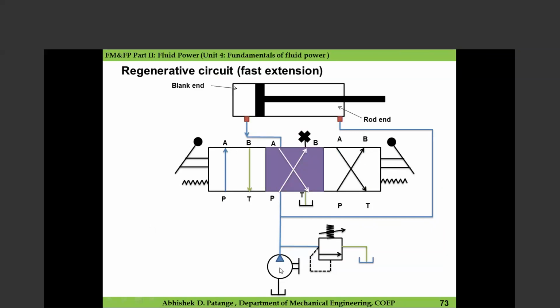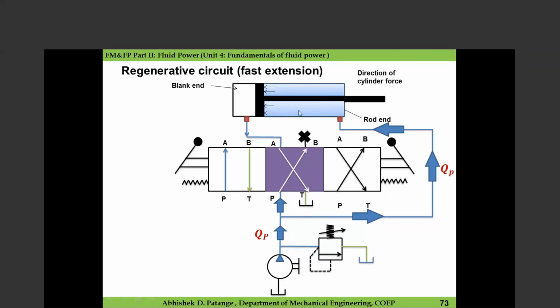Now the liquid coming from the pump will go to P and P to B, but B is blocked, so it has only one way. So from the bypass it will enter the rod end. Entering from the rod end with the QP amount, the liquid will push the piston towards the left hand side. This direction of cylinder force is shown over here.